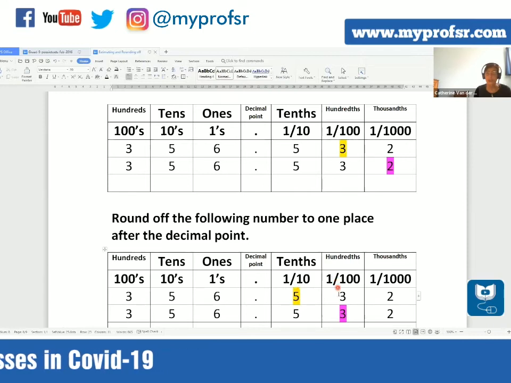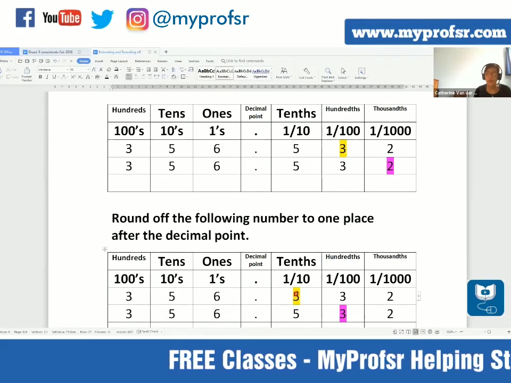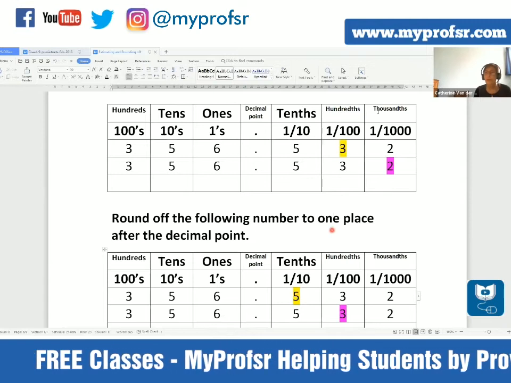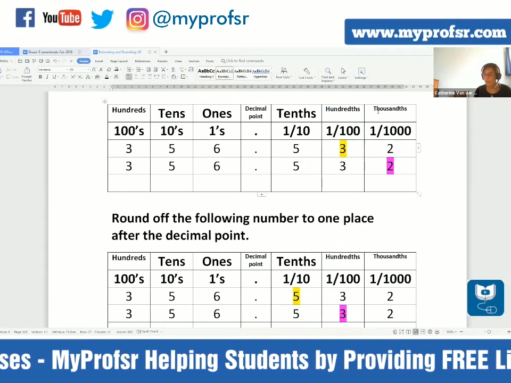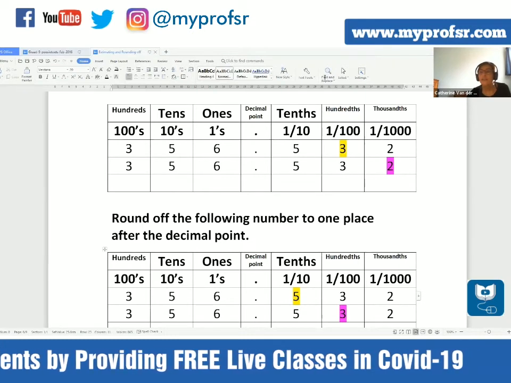So we're going to look towards the 3 to see whether the 5 is going to increase with 1 or not. I can see some of you have already answered. Thank you for that.